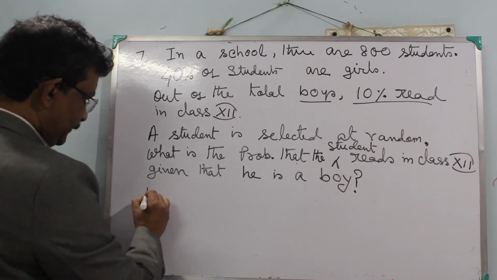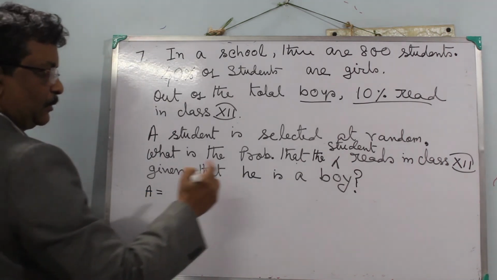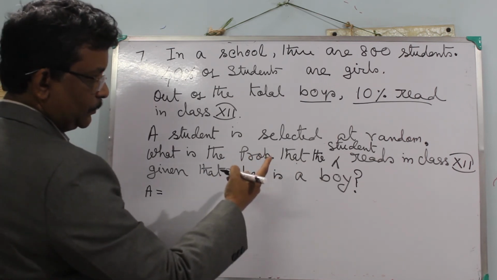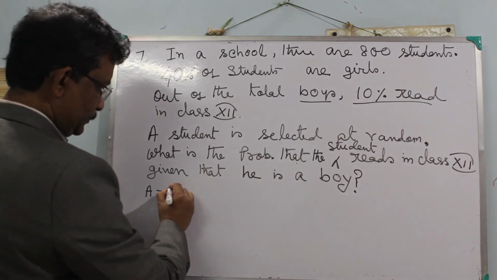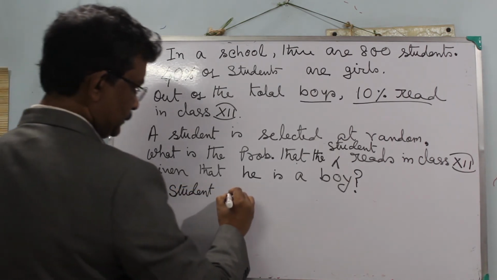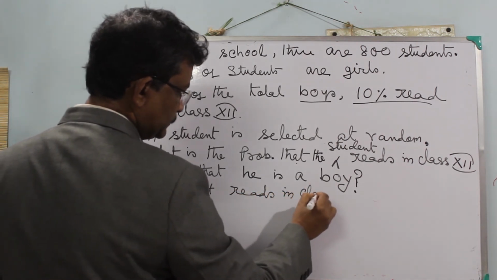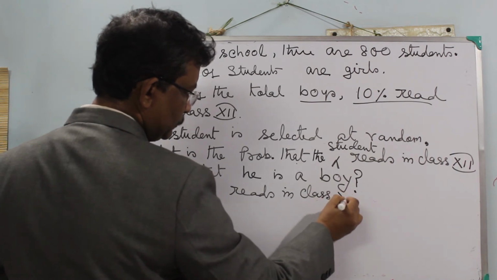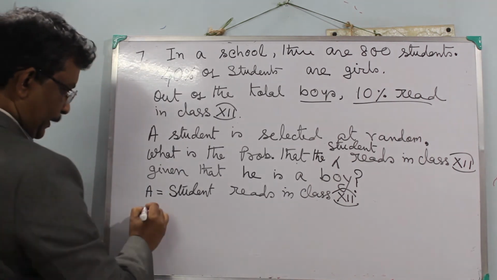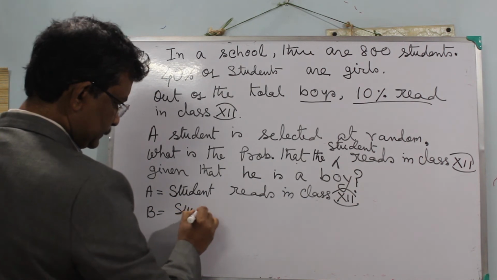So let A be the event that the student reads in class 12, and B, the student is a boy.